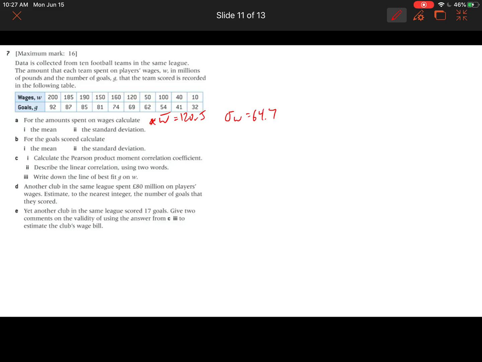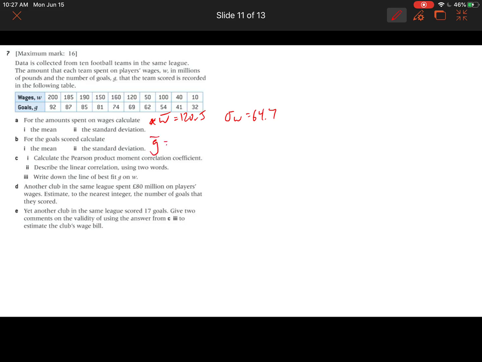That's 92, 87, 85, 81, 74, 69, 62, 54, 41, and 32. Let's calculate everything.